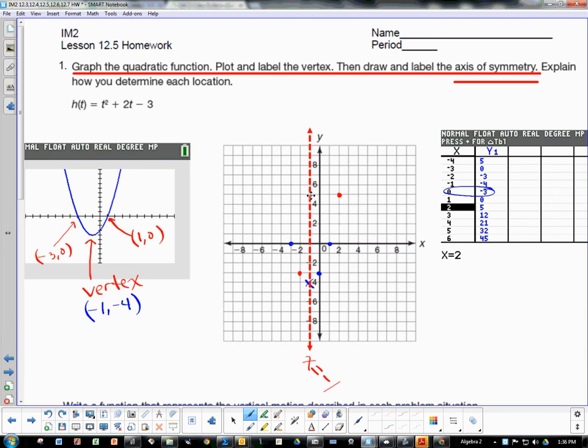And we have symmetry occurring, so this is 1, 2, 3 places away from the line of symmetry. So let's go 1, 2, 3 in this direction. And all we have to do is draw a smooth parabola through this. And there's your graph. Once again, I want to make sure that you understand this is your axis of symmetry.